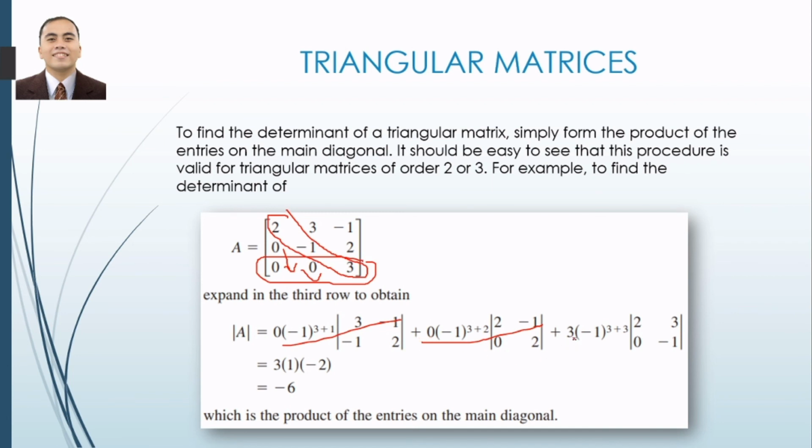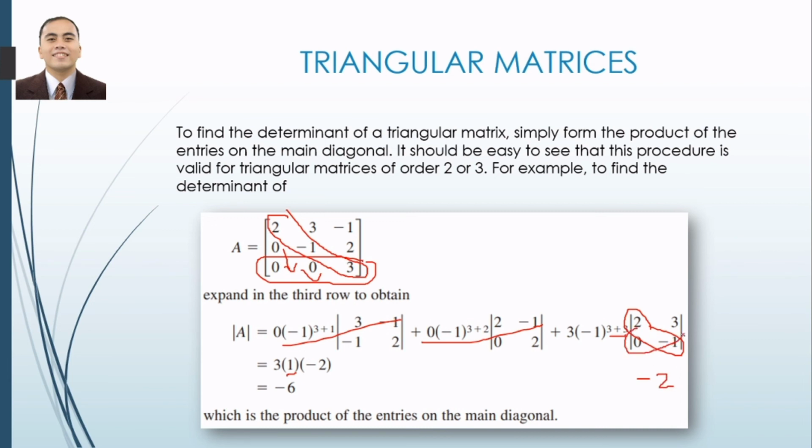Then plus 3 times the quantity of negative 1 raised to 3 plus 3. So the remaining values would be 2, negative 3, 0, negative 1. So we have here 3 times, since the exponent is an even number, which is 6, it will become positive 1. Then 2 times negative 1 is negative 2.